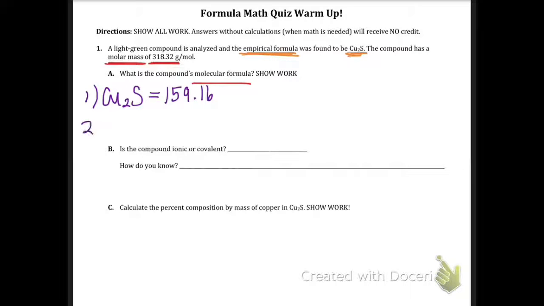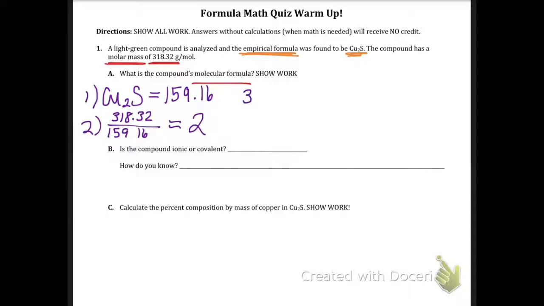All right, then step 2 says take the molar mass. The molar mass was 318.32 divided by the empirical mass, 159.16. This should give you an approximate whole number answer. The whole number answer is 2.